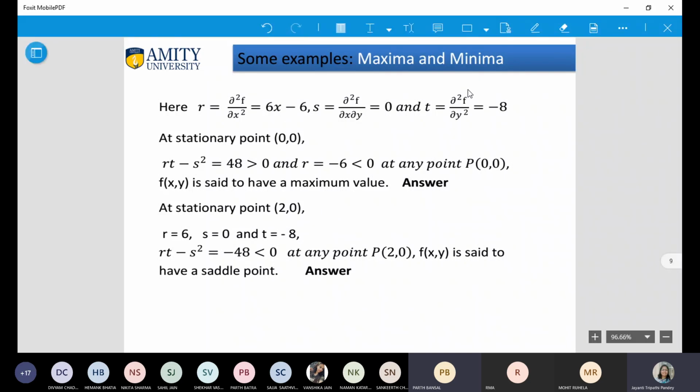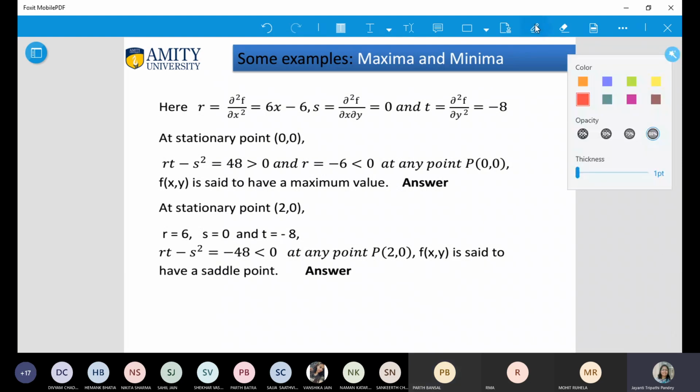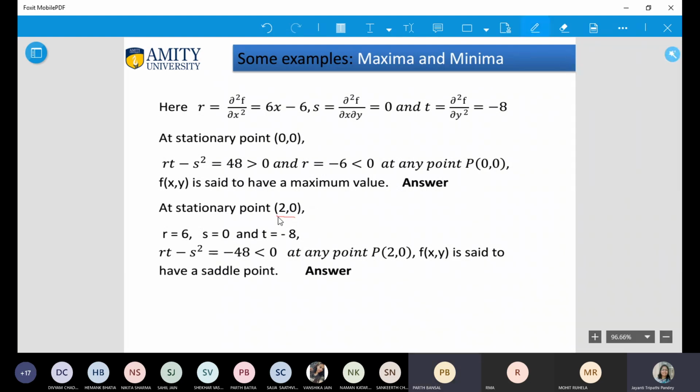Is R positive or negative? R is positive at 2, 0. R is positive and RT minus S square is negative, hence it is a minima point. No beta. RT minus S square negative means it is not minima. The first condition is that RT minus S square has to be positive. If it is negative, it is a saddle point. Understood?